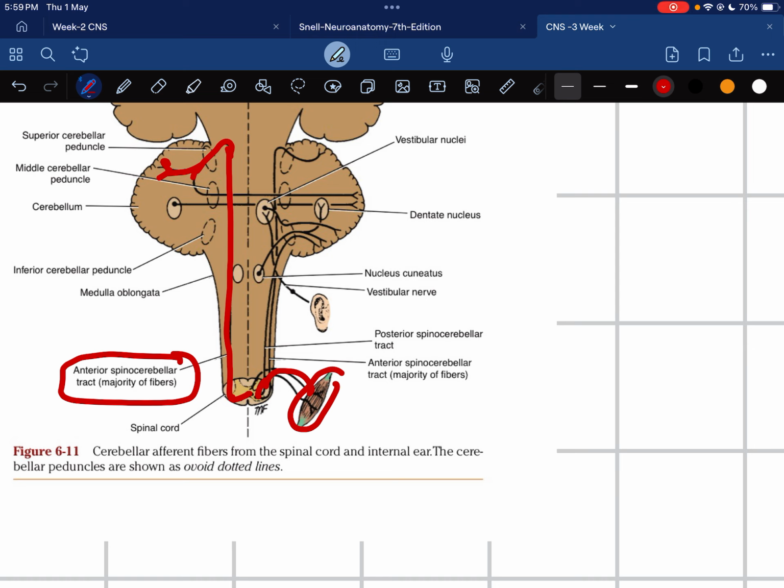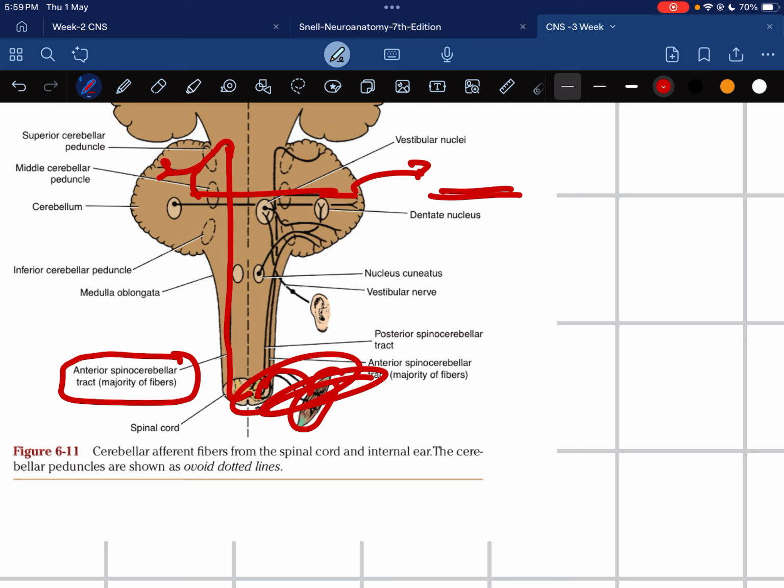So it controls the ipsilateral side, meaning it passes to where the information came from. It comes from the left to go into the left cerebellum. Information coming from the left body part also goes into the left cerebellum.